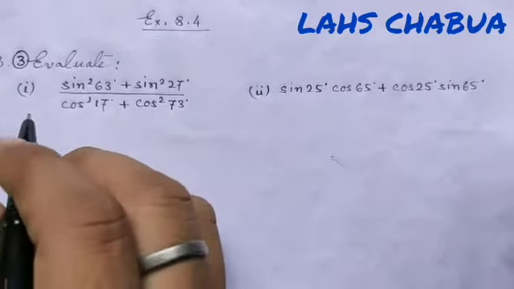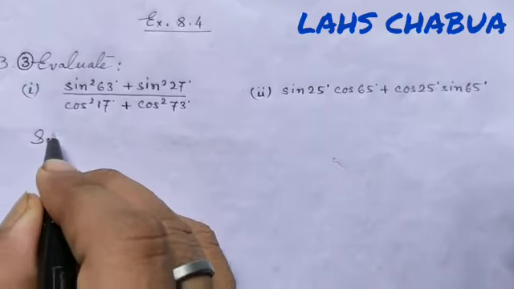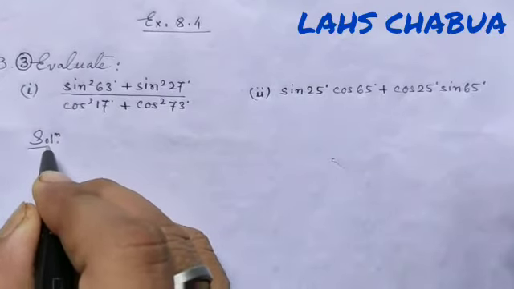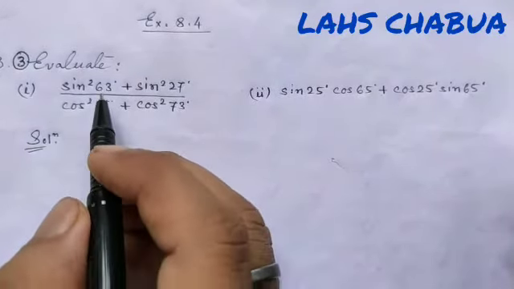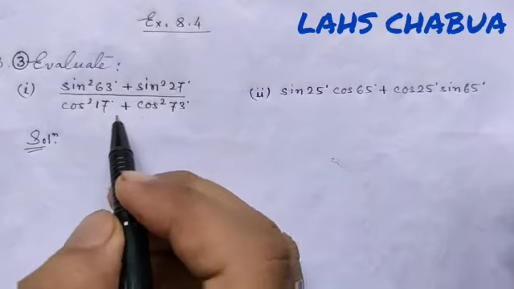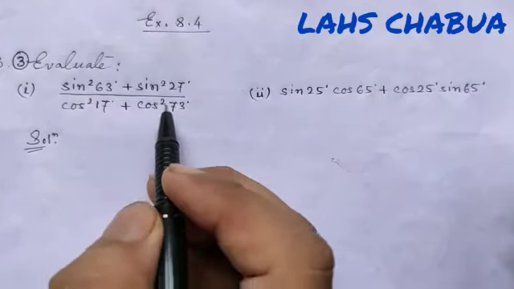We are going to start our solution part. See the solution for this first question. In the numerator we have sine 63 and sine 27, and in the denominator 73.